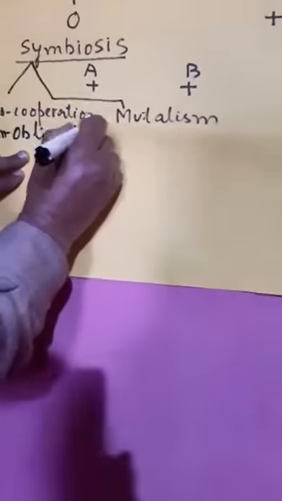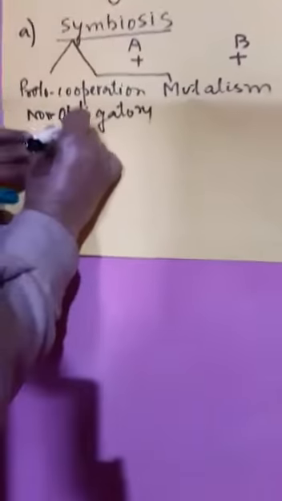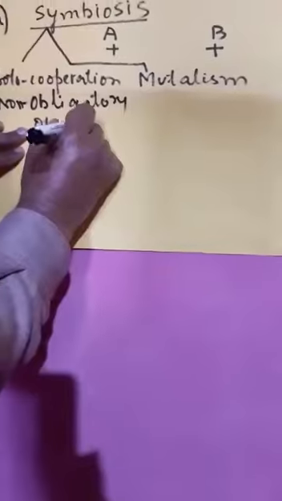That is somewhat optional, non-obligatory, not necessary. Both the species can survive even if they do not come close to each other, even if they do not interact with each other. These two species can easily live on their own.